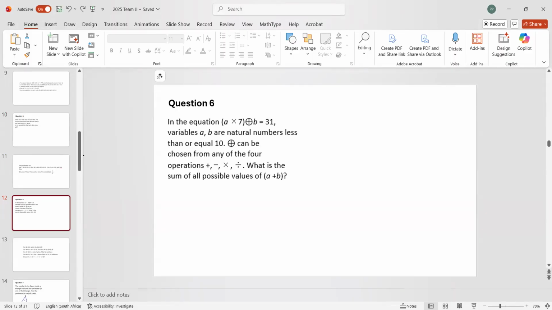Natural numbers start from 1. Remember that. So it could be 1, 2, 3, up to 10. So those are the possibilities for A and B. So remember that. But this funny looking symbol can be any one of the 4 operations, plus, minus, multiplication, or division. And what is the sum of all possible values of A plus B?